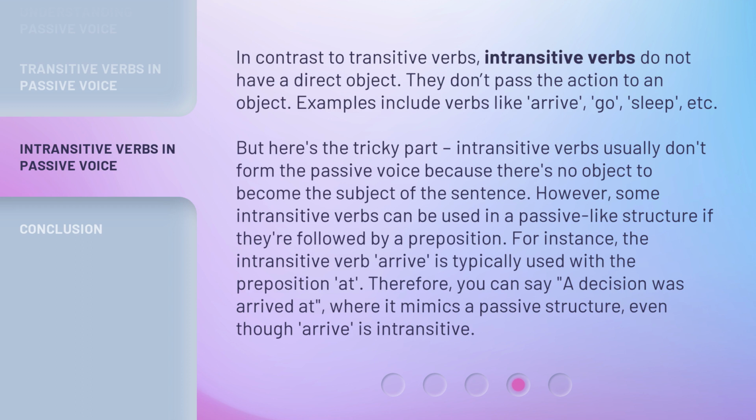However, some intransitive verbs can be used in a passive-like structure if they're followed by a preposition. For instance, the intransitive verb, arrive, is typically used with the preposition, at. Therefore, you can say, "A decision was arrived at," where it mimics a passive structure, even though arrive is intransitive.